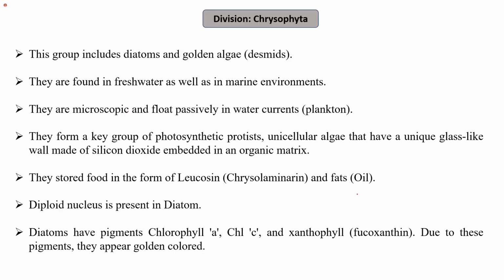Firstly, we will talk about the division Chrysophyta. This division includes diatoms and golden algae, known as desmids. As I mentioned, they are found in fresh water as well as in marine environments.